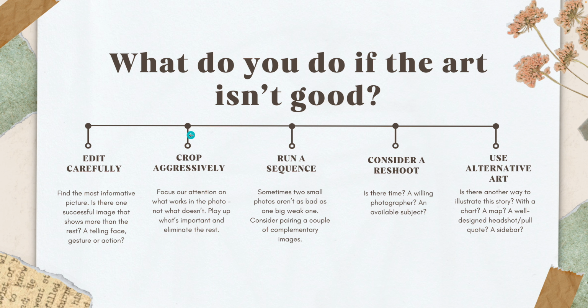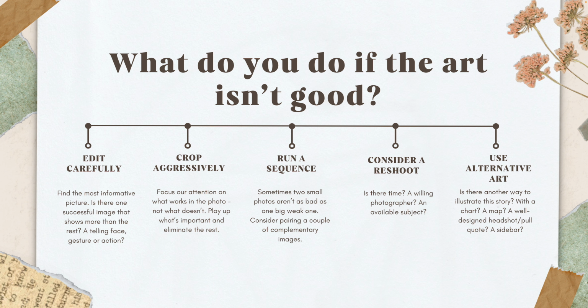You can also run the photo in a sequence. I talk a lot about dominant art and then playing up other images in a secondary role, but sometimes two small photos aren't as bad as one big weak one. If all the photos just aren't quite hitting the mark, but let's say you've got two or three photos that, if you ran them together, help to tell the story, you can run them in a smaller form, either side by side or top to bottom.